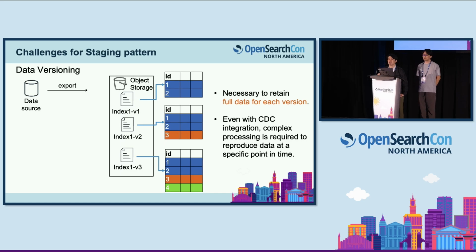The second challenge is data versioning. There are some situations where you may want to retain data for each version. For example, in cases where you need to track the history of data, you may need versioning or a system for maintaining history.